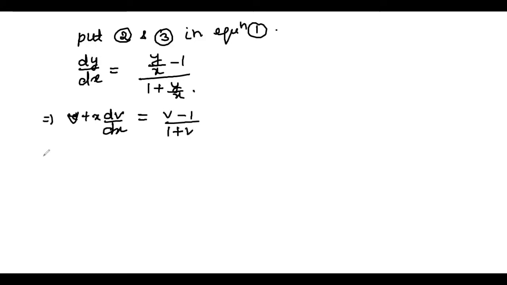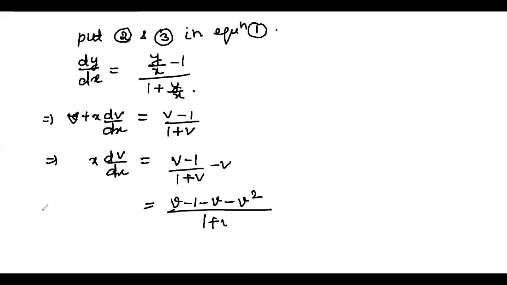So we calculate it: x dv/dx = (v − 1)/(1 + v) − v. This v I'm taking inside and then calculating, so x dv/dx = (v − 1 − v − v²)/(1 + v) = (−1 − v²)/(1 + v).